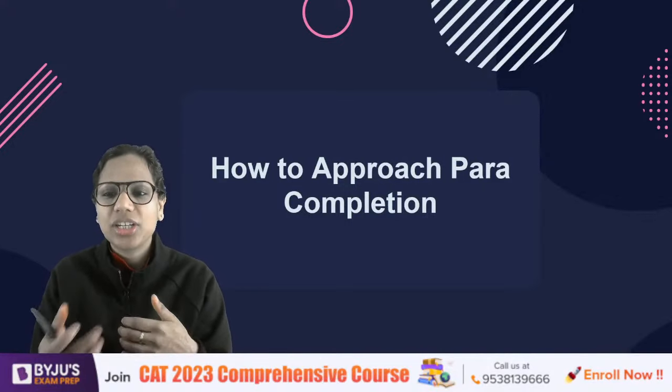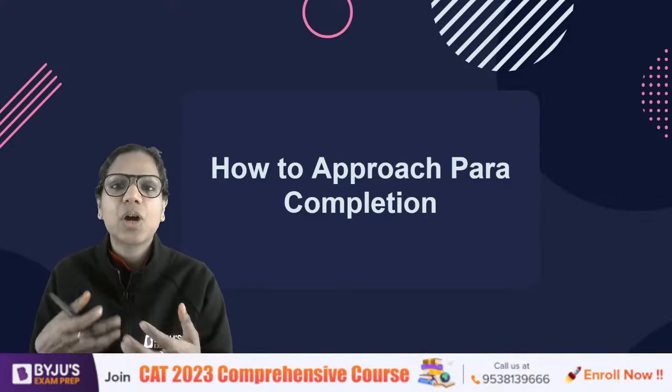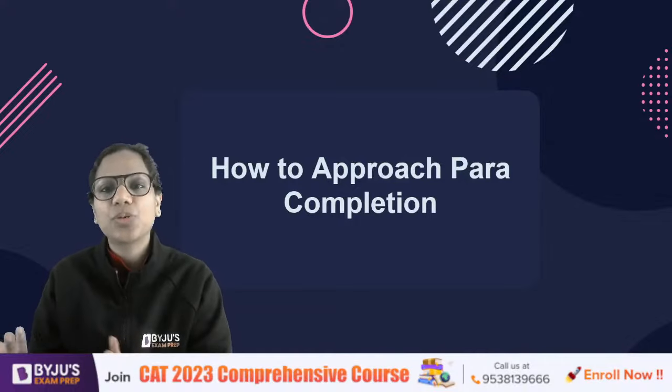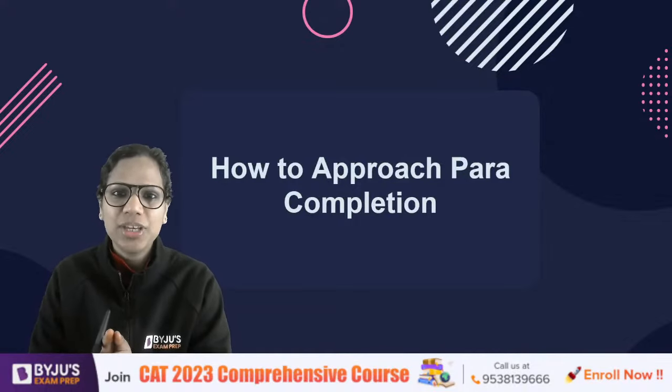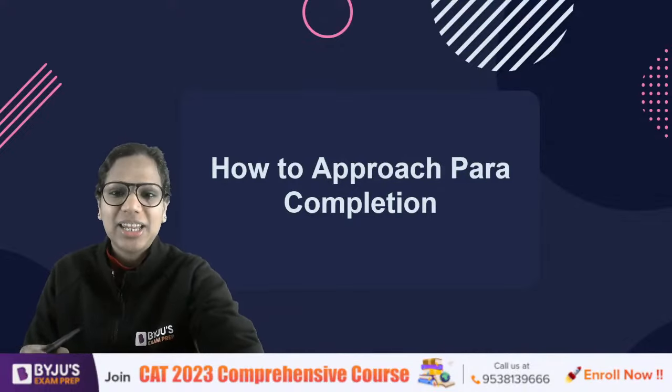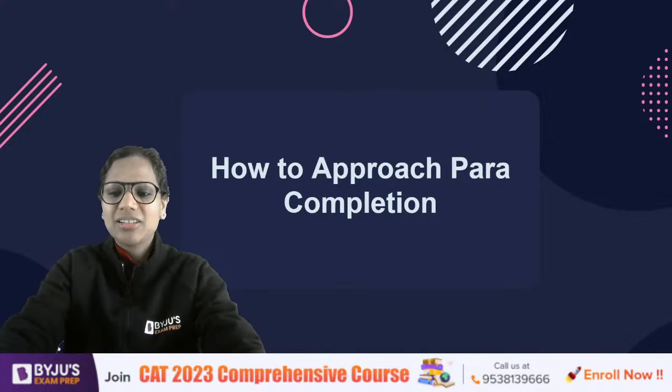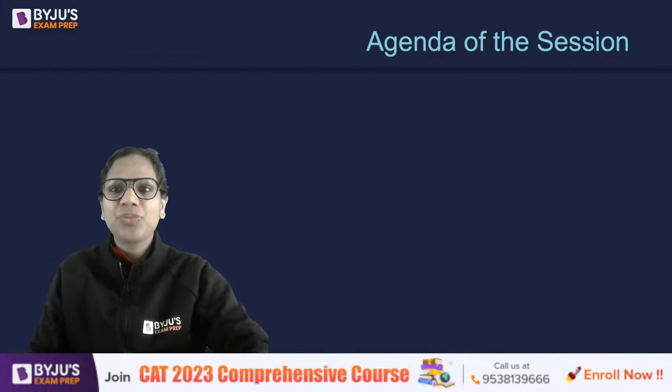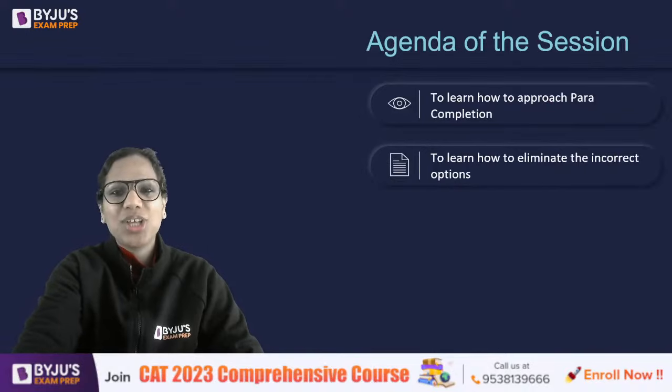So, for a general understanding of what a paragraph is, how to comprehend a paragraph, that part will be useful for you. All right then. Let's talk about para completion in detail. I have already told you the agenda of the session. We'll learn how to approach and we'll practice some questions.